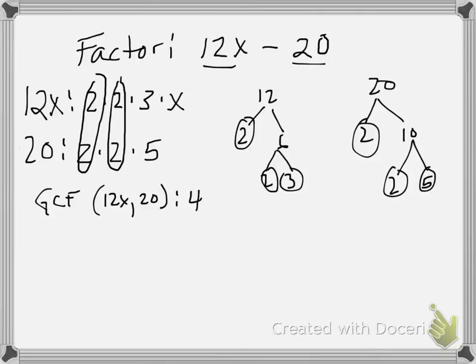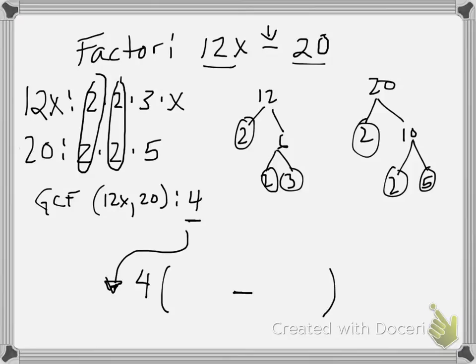So now, this is the part that looks a little different. We're going to take that greatest common factor and set that outside of these parentheses. And what's going to go inside the parentheses, I'm going to think about it two different ways. A simple way to think about it is I take the original sign right here. That's a minus sign, so I'm going to have a minus in my parentheses.